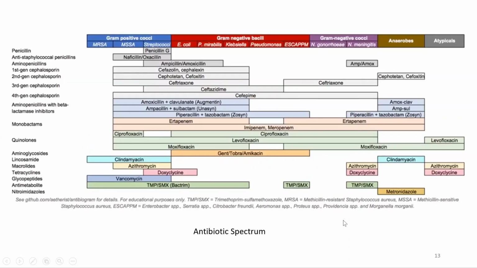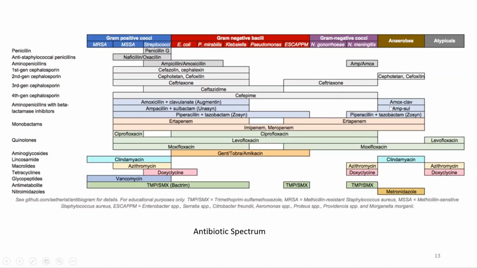Okay. So I've outlined here the spectrum of antibiotic. We just take one for example. Amoxicillin-clavulanate, Augmentin, and Unasyn, for example. These two antibiotics are considered broad spectrum because they can cover gram-positive, gram-negative, and anaerobes.